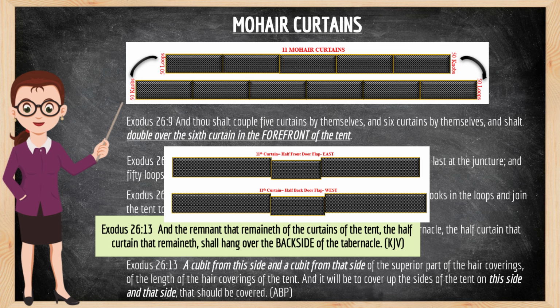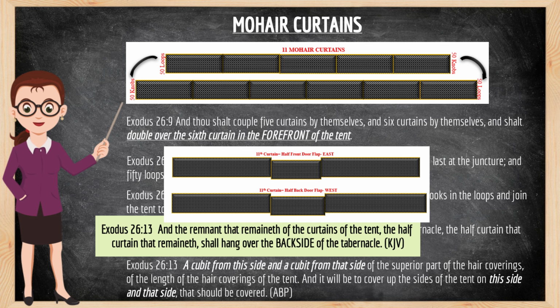Then each of these door flaps overlaps the tent wall by a cubit. This would make the door openings 14 cubits each, or about 21 feet.